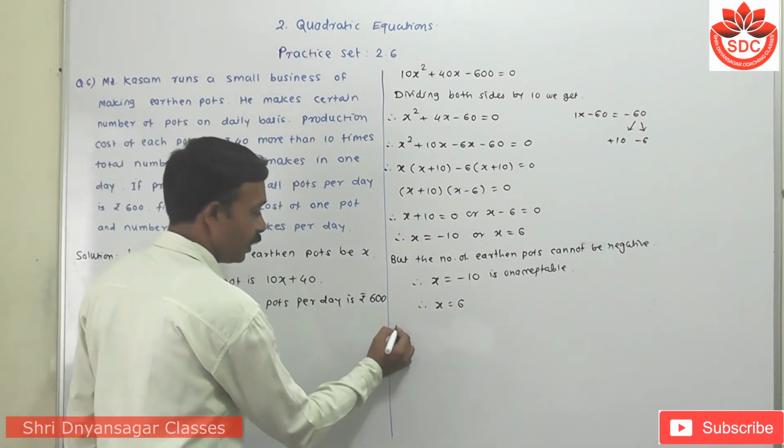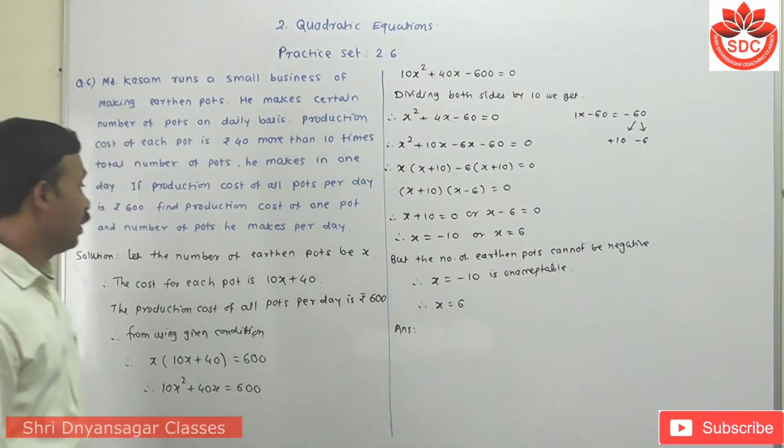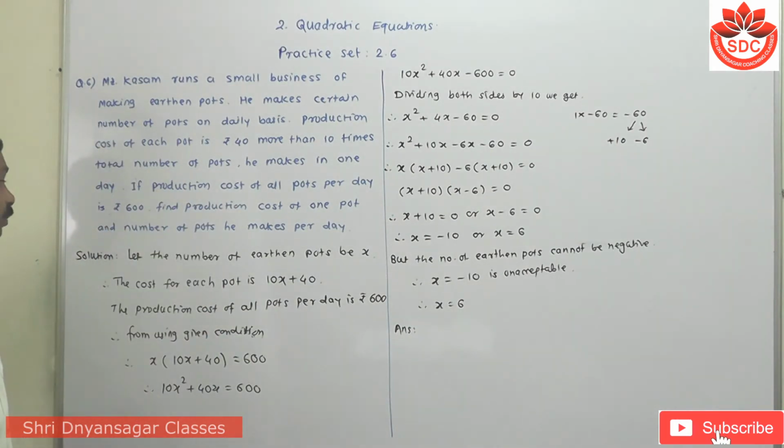Therefore, the answer in a full sentence: here we have to find the production cost of one pot and the number of pots he makes per day.